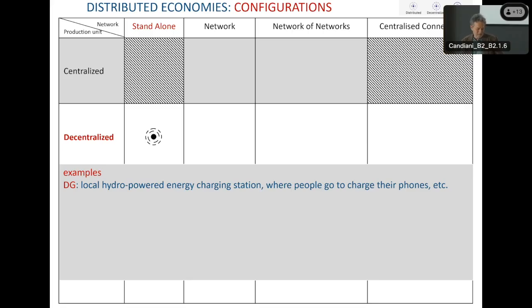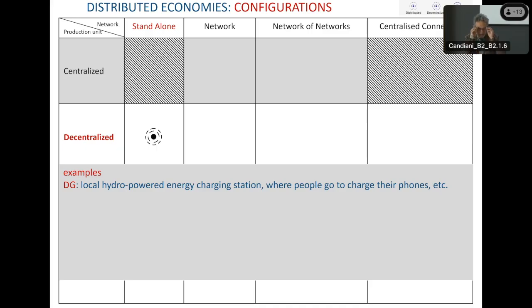So if this is decentralized and standalone, I put here an example. It's a local hydropower energy charging station where people go to charge their phone. So it is decentralized, it means it's not by the end user, it is nearby, in the community.